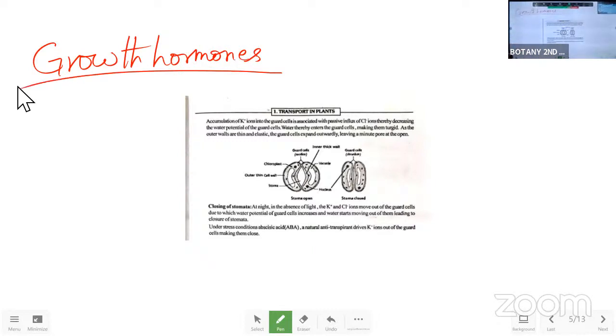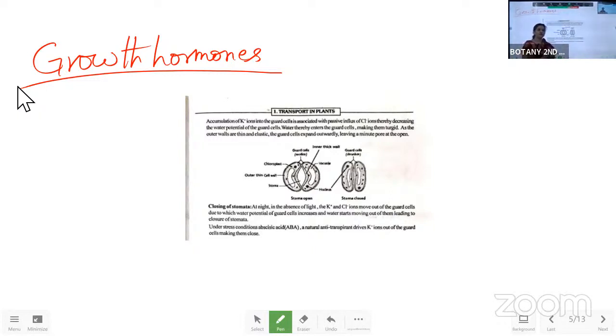So, in these plant growth hormones, what questions do we need to learn? Here, how the auxins are useful in horticulture and in agriculture. That's the question we have to answer in this. Okay, and the uses of the gibberellins in horticulture and in agriculture.